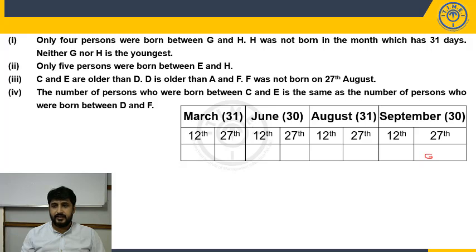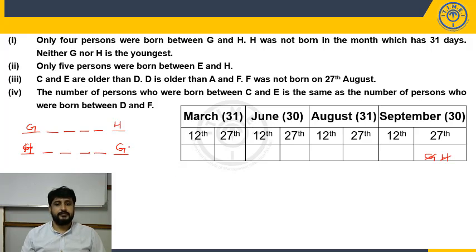Neither G nor H is the youngest, so G cannot be here, H cannot be here. Now, H was not born in a month having 31 days. So the possibilities will be like this: G, 4 people and then H. The other possibility is H, 1, 2, 3, 4 people and then G. Where can I take?